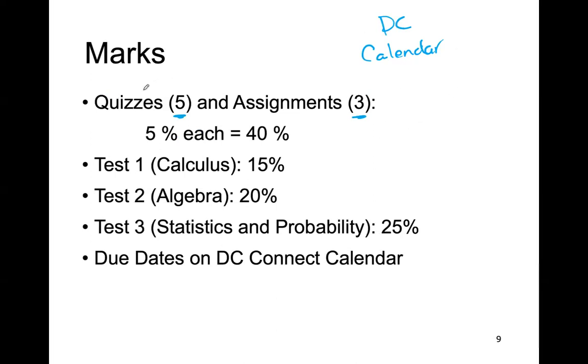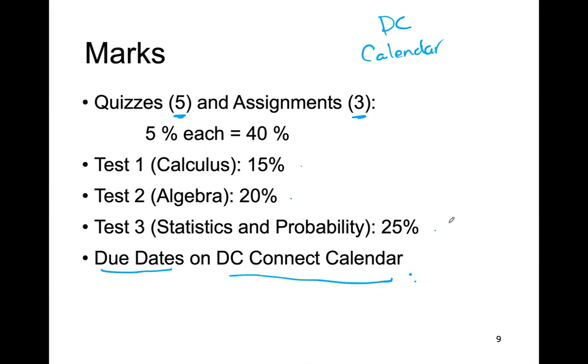So we have quiz 1, then assignment 1, then test 1. Then we have quiz 2, assignment 2, and test 2. Then we have quiz 3, 4, and 5, then assignment 3, then test 3. Again, the due dates will appear in the calendar.